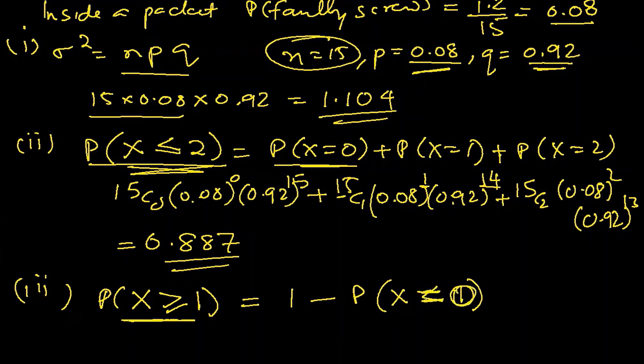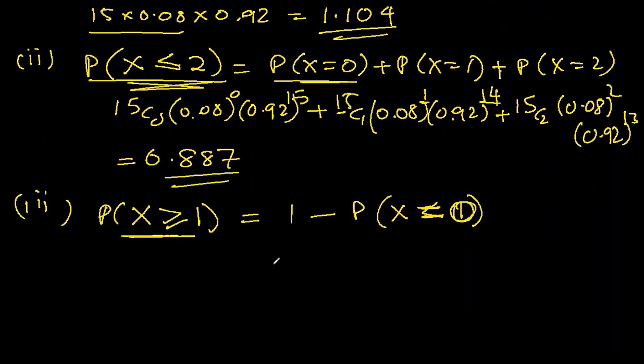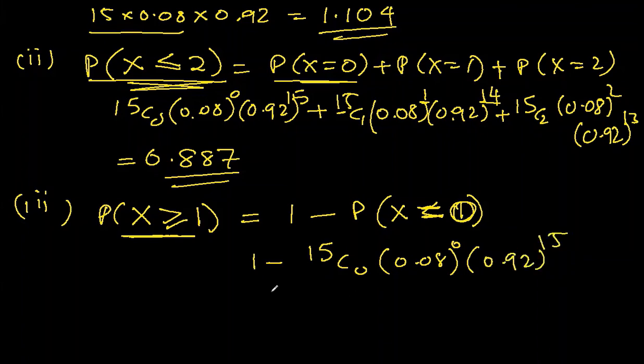That case is ruled out, and we'll get at least 1. So 1 minus 15C0, 0.08 to the power 0, and 0.92 to the power 15, and that will be 0.714. That is the probability of getting at least one faulty screw.